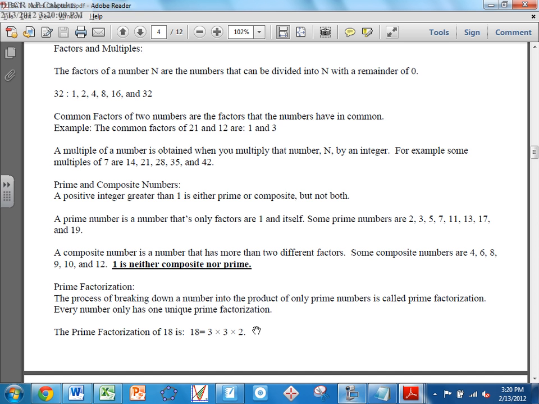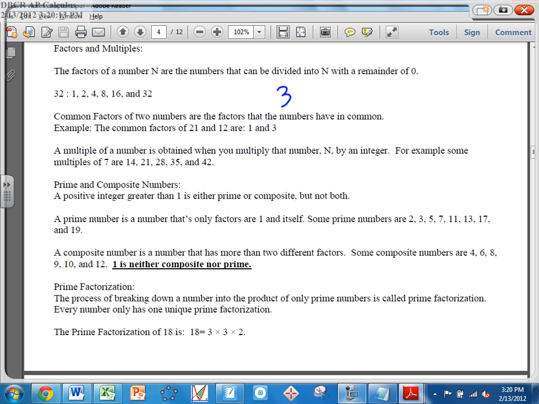Whereas the multiples of 32 are simply multiplying times 1, times 2, times 3, times 4, etc. So we take 32, we double it, we triple it, quadruple it, quintuple it, and so forth. These are your multiples. Again, know the difference, please.